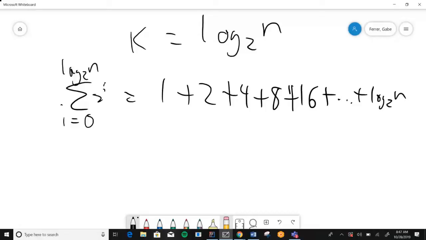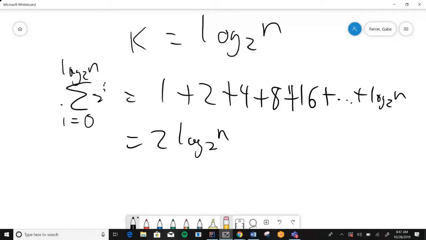Now, as it happens, once this particular sequence converges, I'm going to skip the details of this for now. It's going to be very close to this. Let's see.